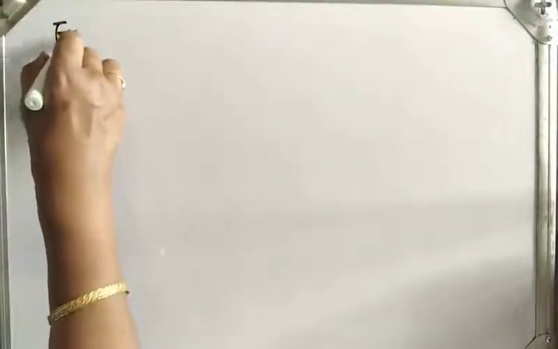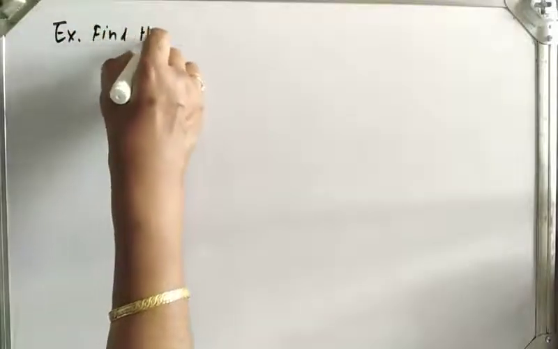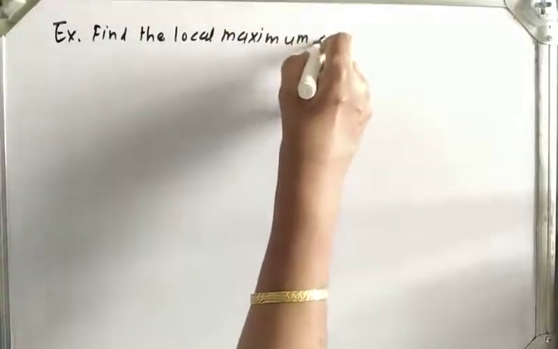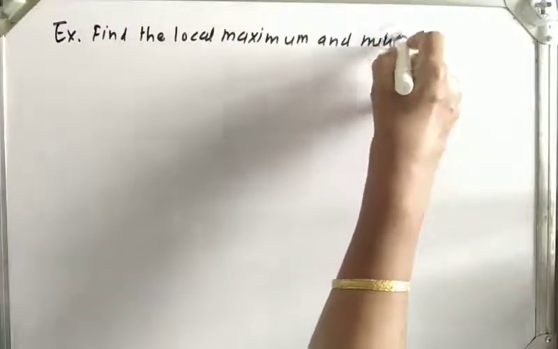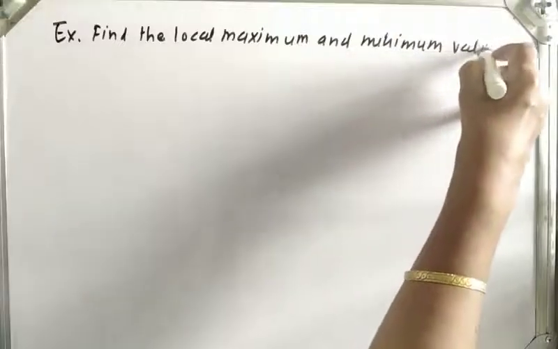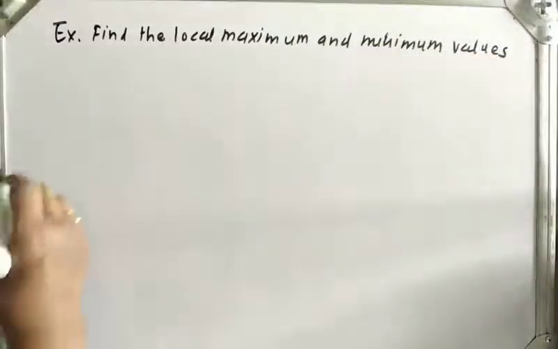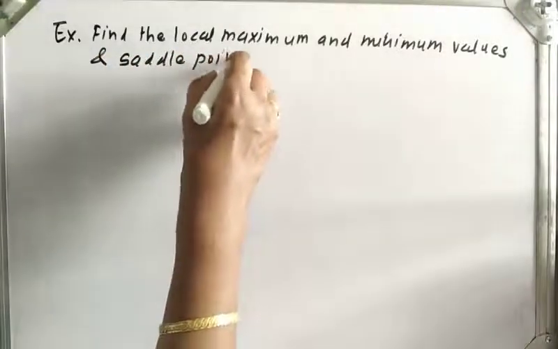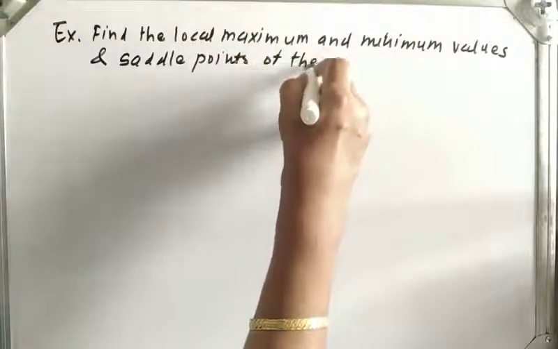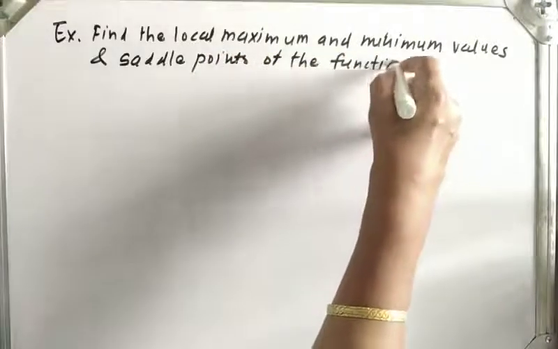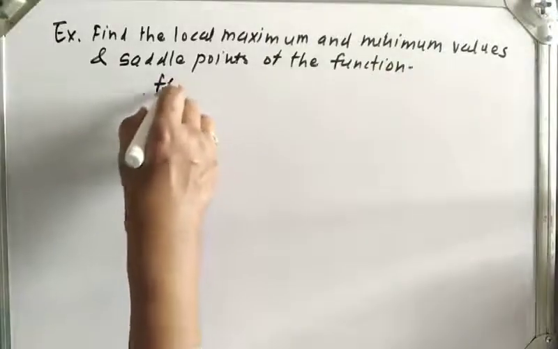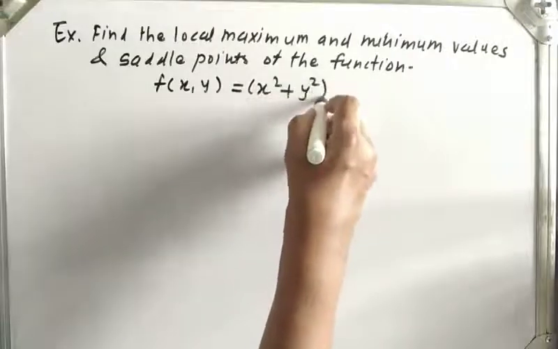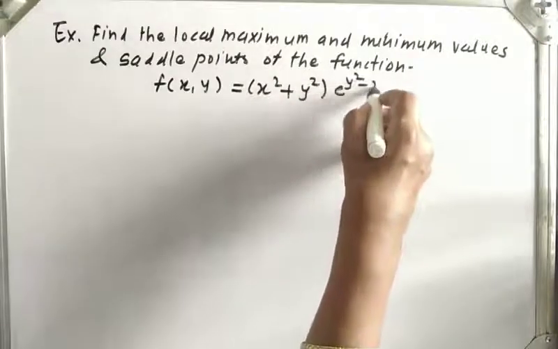So the example is: find the local maximum and minimum values and saddle points of the function f(x,y) = (x² + y²) e^(y² − x²).